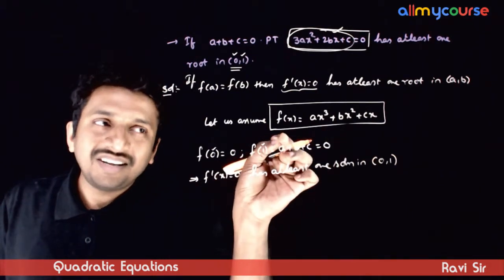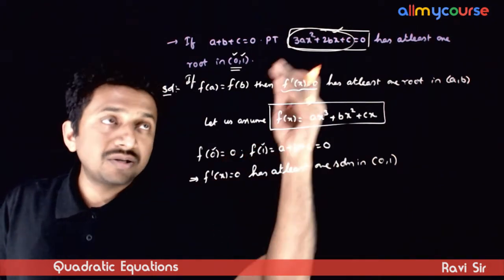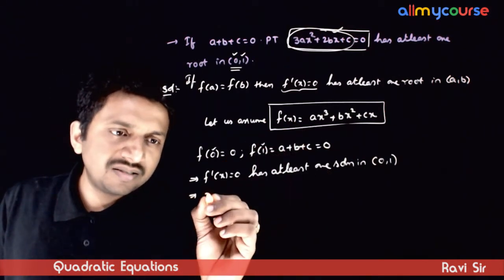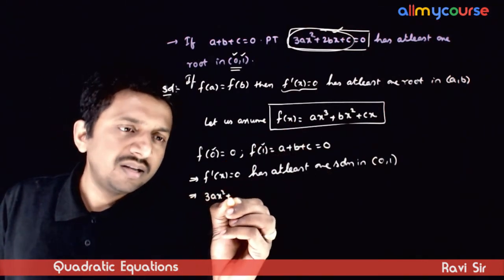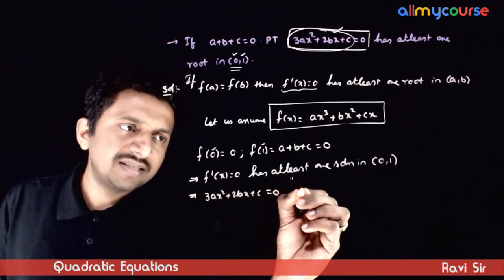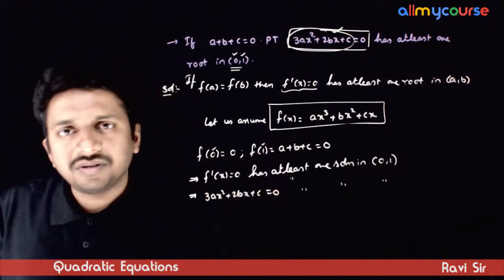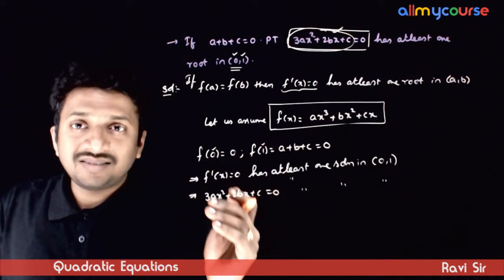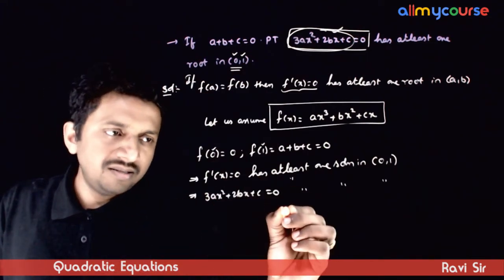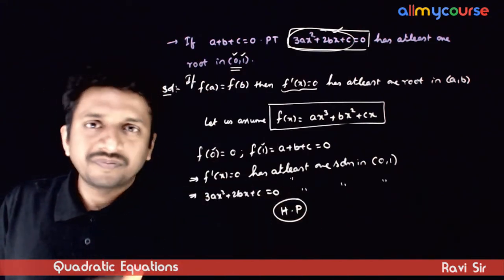We have considered our f(x) so that f'(x) becomes this expression. So f'(x) = 3ax² + 2bx + c = 0 has at least one solution in (0, 1). So that's the conclusion from Rolle's theorem, which is what you're asked to prove. So hence proved. Thank you.